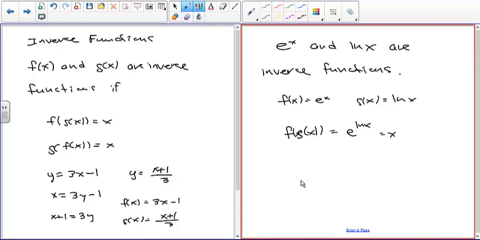That equals x. And if you take g of f of x, that's the natural log of e to the x, and that's also equal to x. So that's the main idea about inverse functions. And we could use that to solve for x in logarithmic or exponential equations.